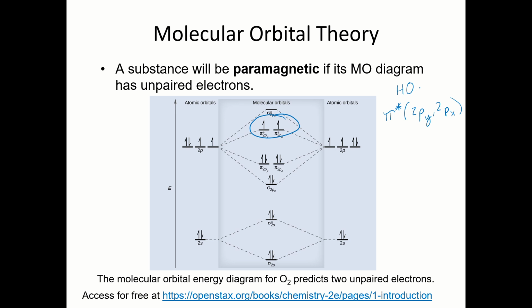Those are your highest occupied molecular orbitals, and you notice that you have 2 unpaired electrons here at the top, and so that's what we call paramagnetic. Again, when we're trying to determine whether something is diamagnetic or paramagnetic, we ignore those atomic orbitals and focus just on the molecular orbitals.